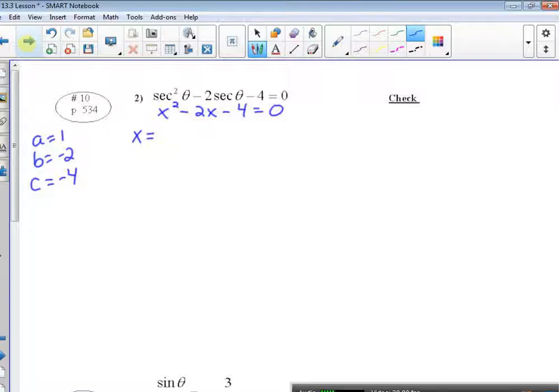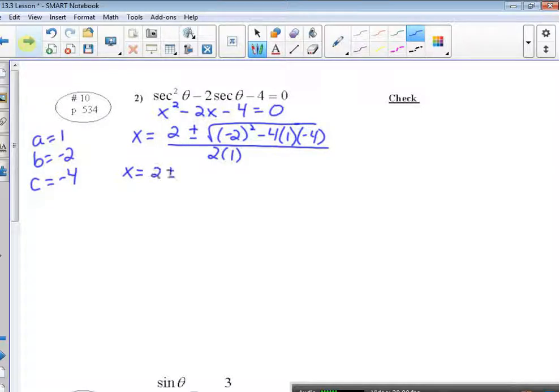So x equals negative b plus or minus the square root of negative 2 squared minus 4 times a times c, all divided by 2 times a. So x is equal to 2 plus or minus the square root of 4 plus 16, or 20, all over 2.